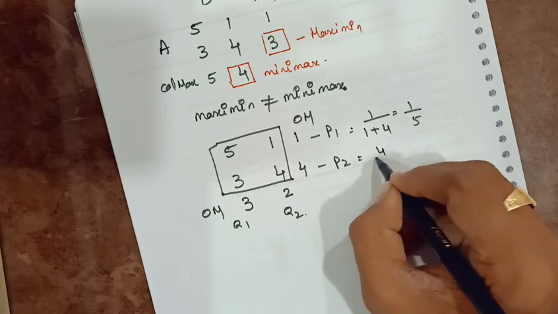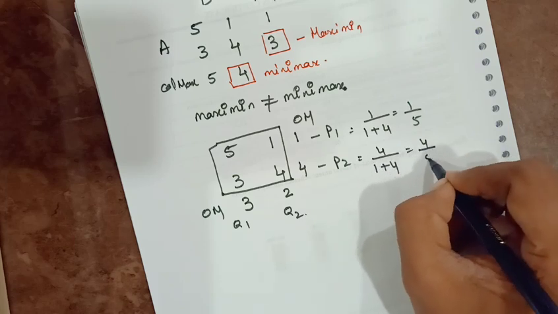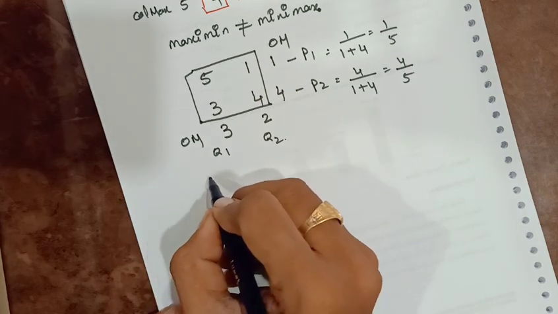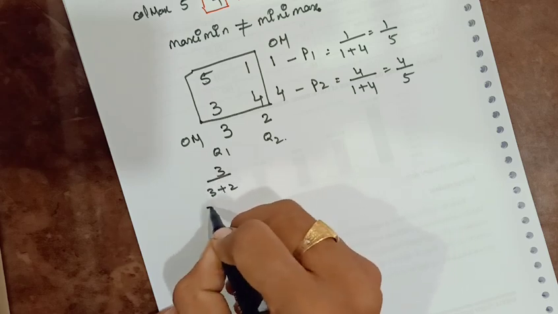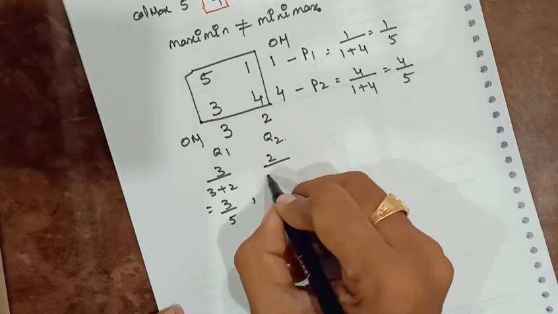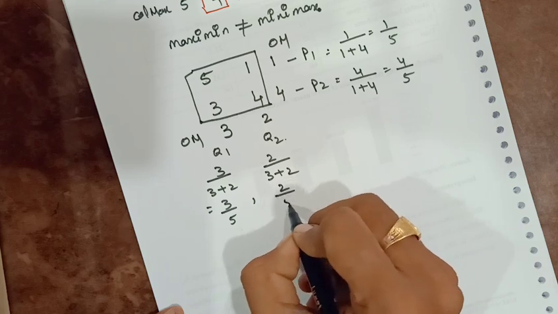Q1 is 3 divided by 3 plus 2, that will be 3 by 5. Q2 is 2 divided by 3 plus 2, that is equal to 2 by 5.